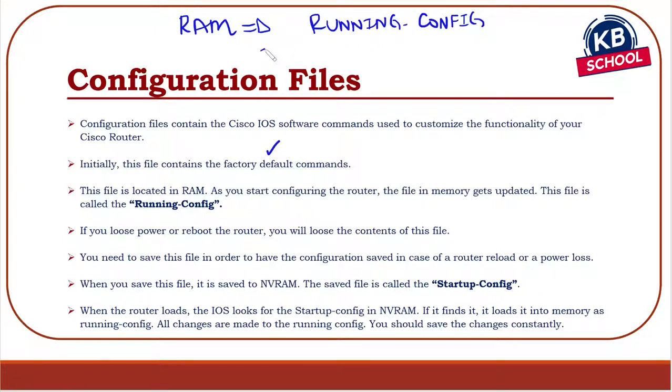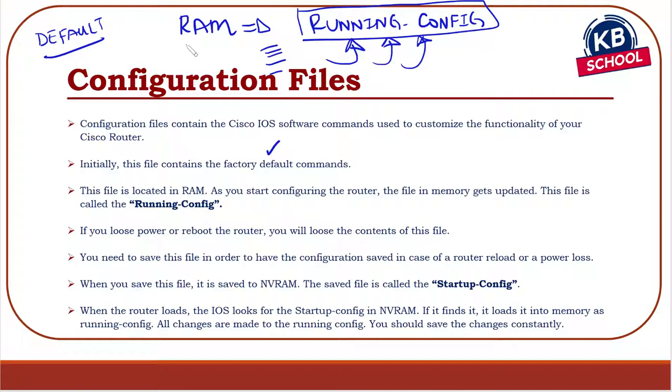As you make changes to it, like I have been doing, configuring stuff on it, I'm just adding changes to the running config, not to the default. Default is right there as it was on flash on your IOS. I'm just making changes to the running config in memory. Now, if I don't save it, I will lose everything.